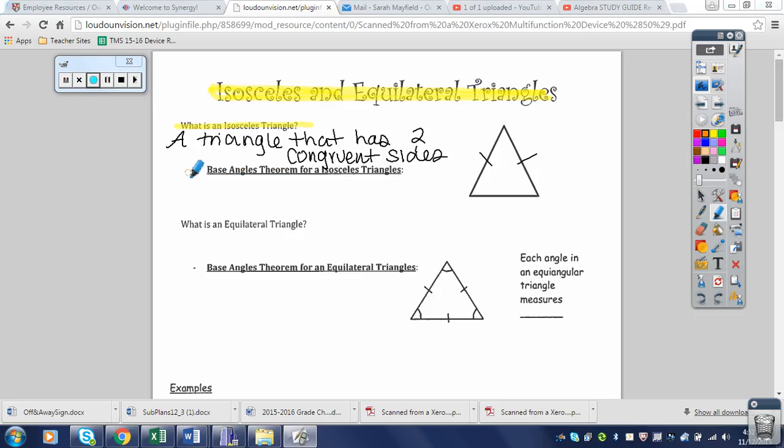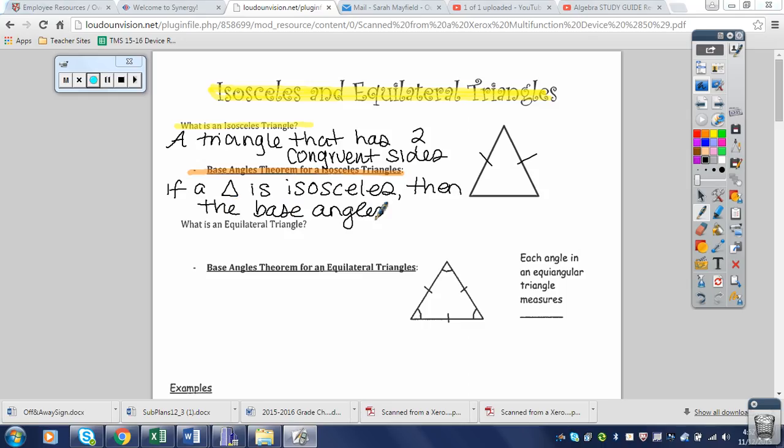So base angles theorem. What the base angle theorem tells me is if a triangle is isosceles, then the base angles are congruent.